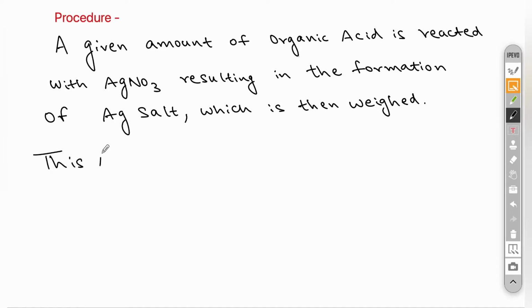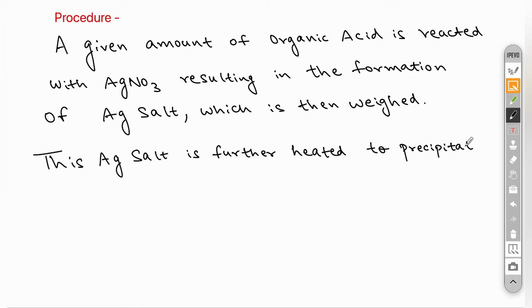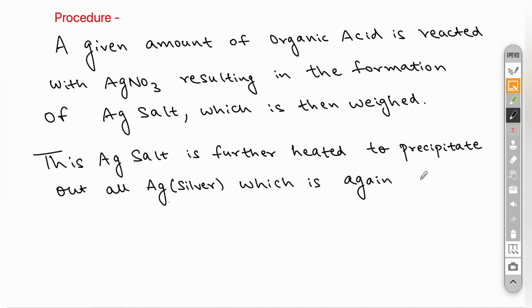This silver salt is further heated to precipitate out all silver, which is again dried and weighed. So basically, a given amount of organic acid is reacted with AgNO3 to form silver salt, and later this will be heated to precipitate out pure silver, which will be weighed again.